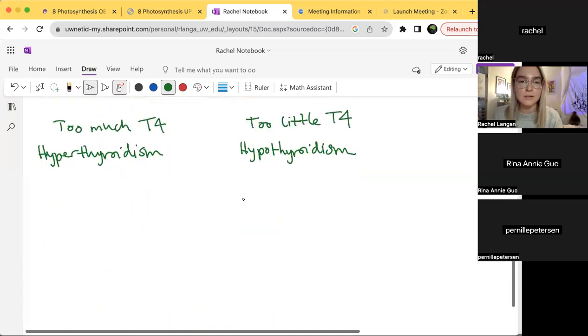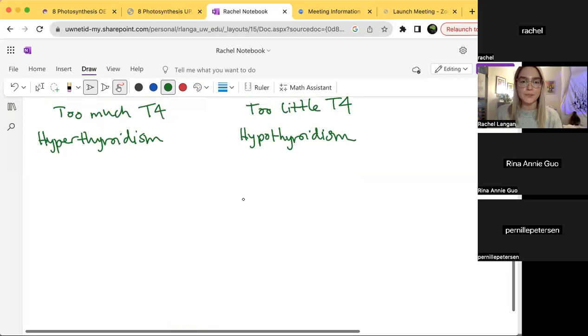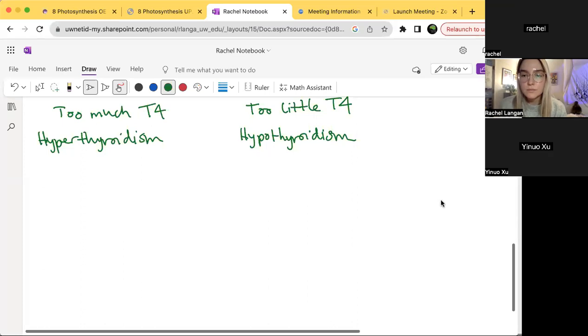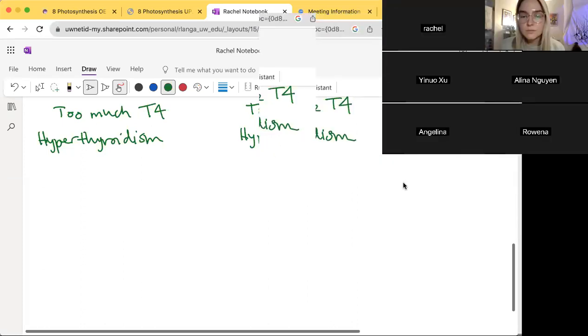Yeah, Rachel? I have a quick question about goiter formation. I think this was in regards to hyperthyroidism, but sorry, I think this is hypothyroidism. I was wondering, does TSH also stimulate the growth of the thyroid and cause it to physically get bigger?